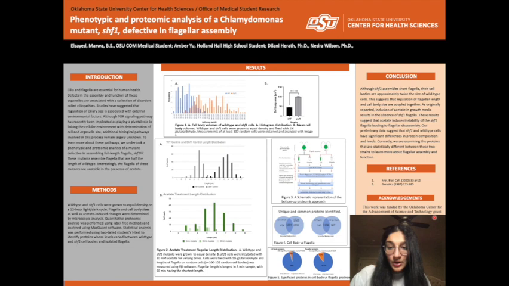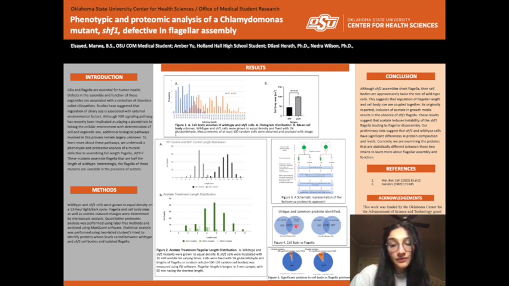We were also interested in seeing what other differences there were between the proteins. So we used a global proteomic approach, and we grew the cells to equal density of cell number, and at the same time isolated flagella and then cell bodies and subjected them to protein sequencing.